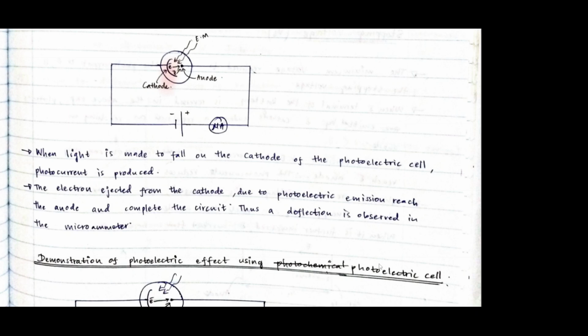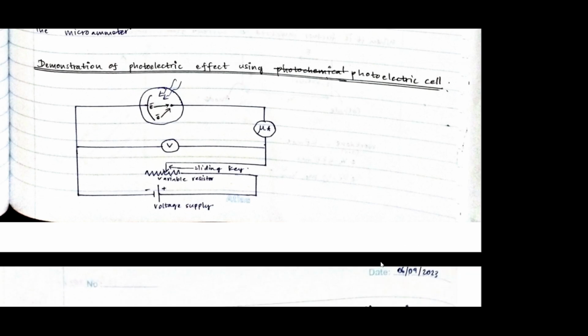Due to the emission of electrons, we get a reading, and we set up this circuit to prove the photoelectric effect using a photoelectric cell.